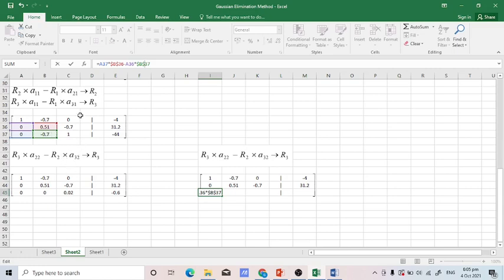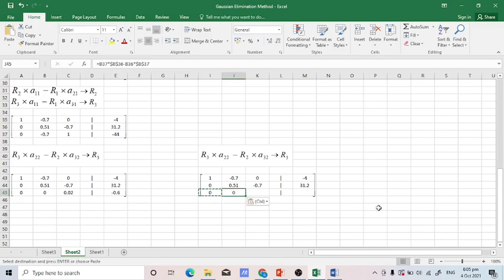Diba? Yung A32 natin ay B37. Ayun. A32 yan. And then, enter. Edi 0. Copy-paste na natin. O, hindi gumalaw. Tingnan mo. Diba? Hindi gumalaw yung B36, B37. Dahil naka-dollar sign. Sabihin, i-fix natin.